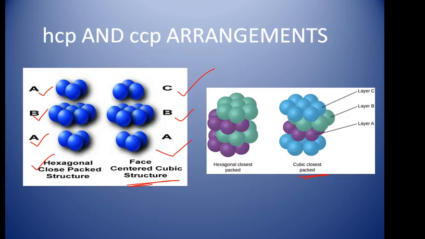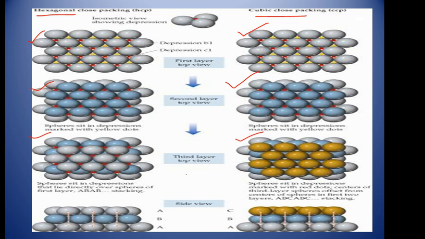If you want to cover the octahedral void you are getting CCP structure. So I hope you have understood these things.